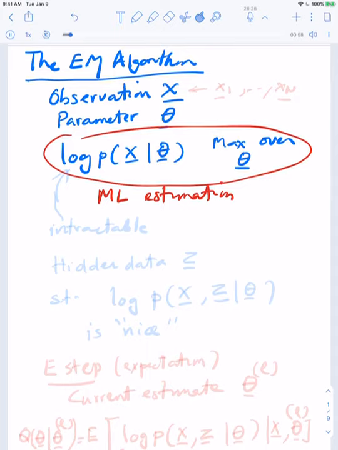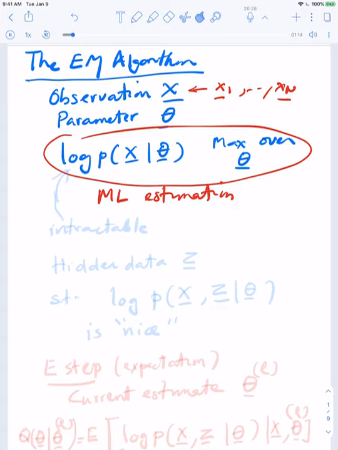So in our case, the observation X will be a bunch of training data points, for example, X1 through Xn, and the parameter theta, for example, we saw already what it was for Gaussian mixture models. So we'll come back to that example in a minute.